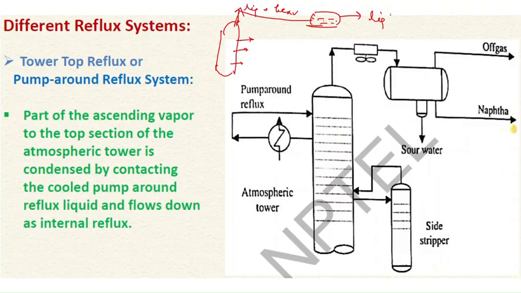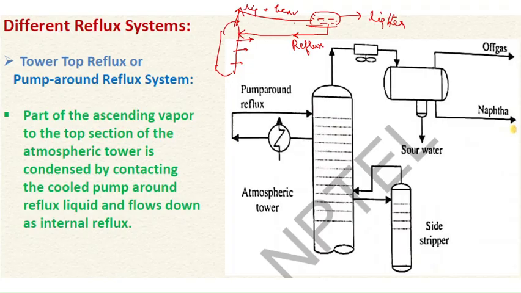The lighter portion we take out, and the heavier portion is sent back into the tower. This heavier portion sent back into the tower is called reflux. Reflux means circulating it again and again. Getting it?